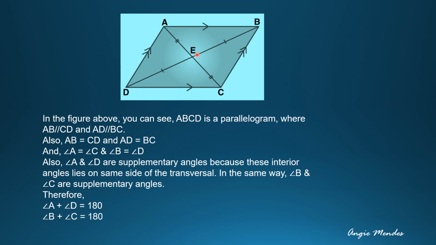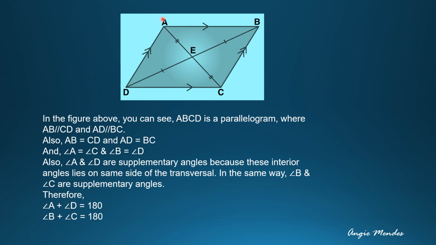Now we've also said that the diagonals of a parallelogram bisect each other at the point of intersection. So we have point E. Now at this point we have transversal AC and transversal BD which are meeting each other. This is called the point of intersection, and they are bisecting each other at this point. So now let's look at this entire transversal.